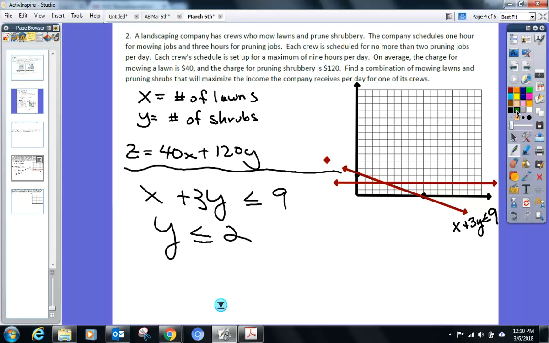Okay, find your shaded region once you have both lines graphed. If you think you have the shaded region, can you find the vertices, the corners?